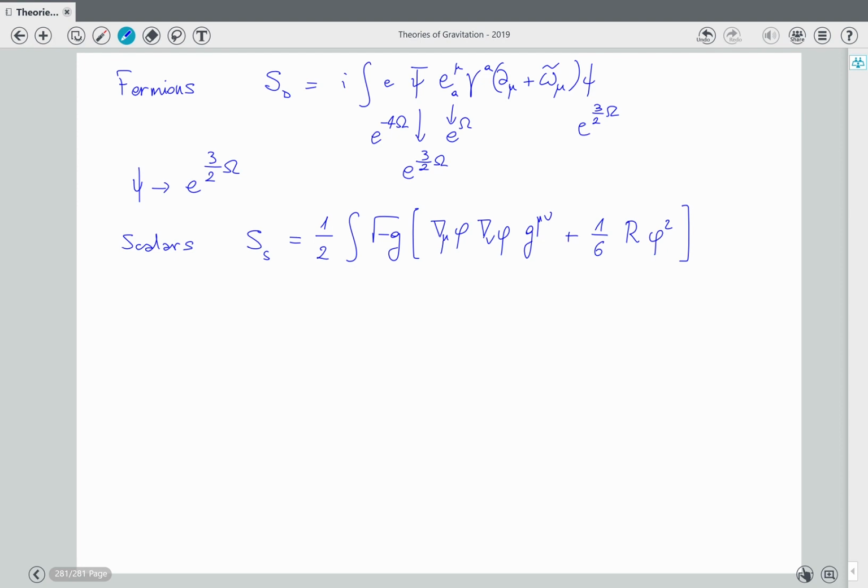If phi transforms in a certain way, we can determine how phi should transform, because, again, the square root of minus g is e to the minus 4 omega. G inverse is e to the 2 omega, and so phi should just get e to the minus omega.